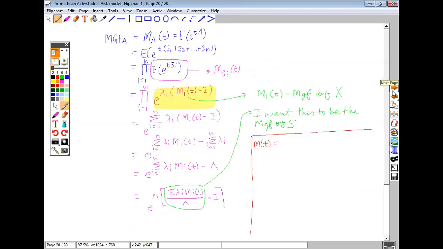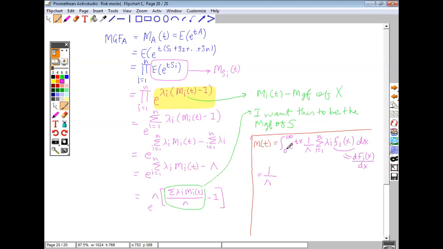And what I will write here is, for this guy, the integration from 0 to infinity of e raised to t x times 1 upon capital lambda, summation of lambda i f_i of X, where i goes from 1 to n, right? And I should not forget dx. Now again, I'm just going to take some constants outside.